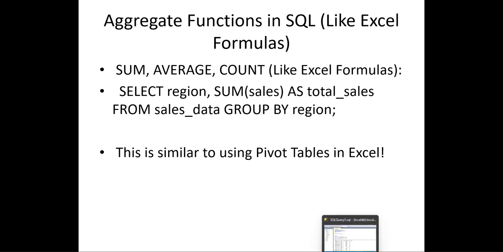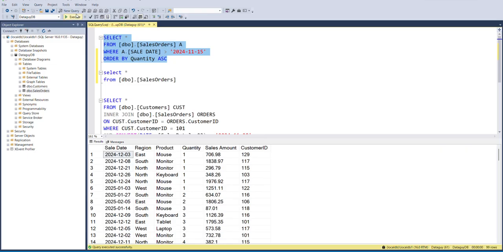So now if I go here and I say, select region, sum. Okay, so basically what I'm saying is, for the same example we were looking at, region, right? Then the sum of, in this case, sales amount, right?